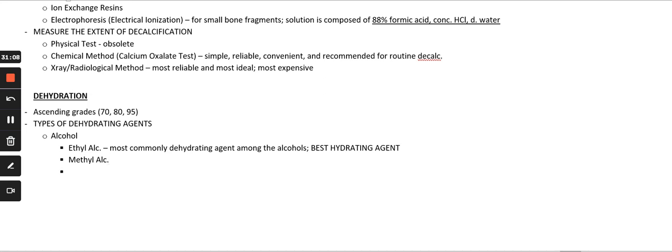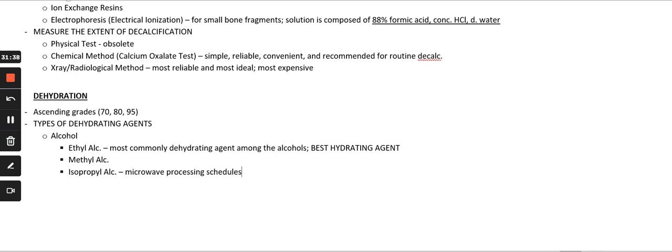Another one is isopropyl alcohol, a versatile ethanol substitute. When ethyl alcohol is not available, we use isopropyl instead. Another characteristic of isopropyl is that it is used for microwave processing techniques or processing schedules.